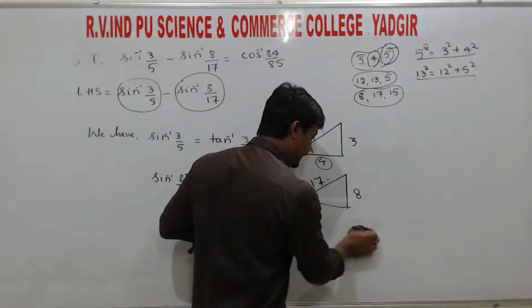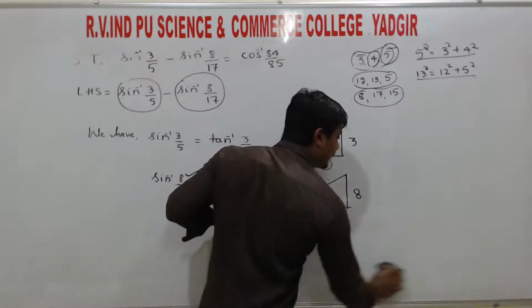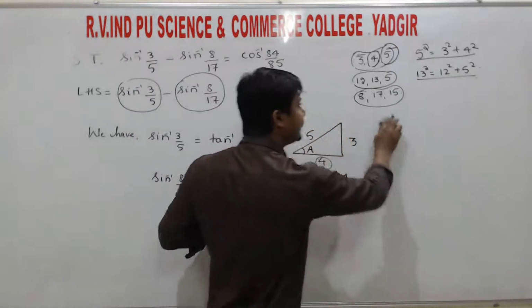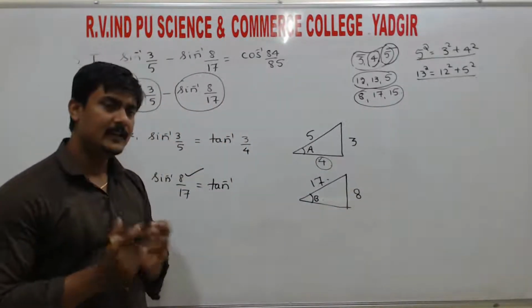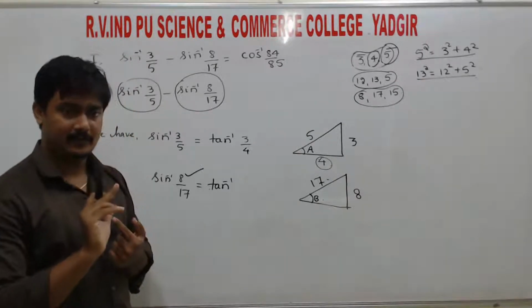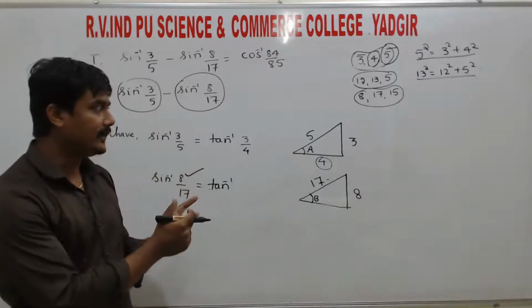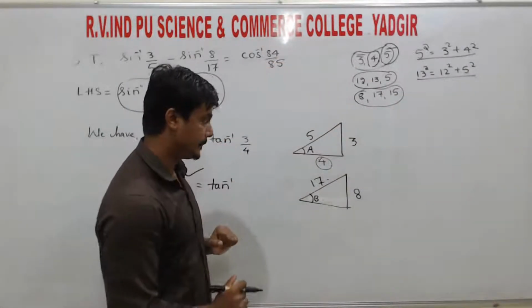I will explain that. But as time is a constraint in examinations, it is better to remember these three standard triplets: 3, 4, 5; 12, 13, 5; 8, 17, 15. But I will explain how to find it if you do not remember the standard triplet directly.